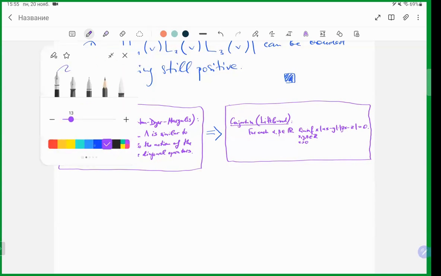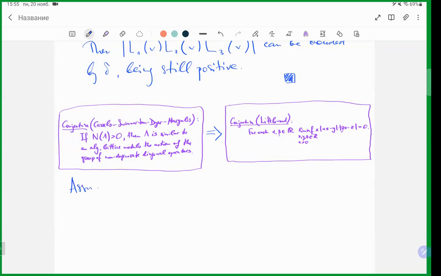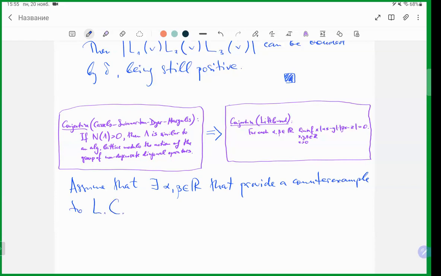Assume that there exist alpha and beta in R that provide a counterexample to Littlewood's conjecture.